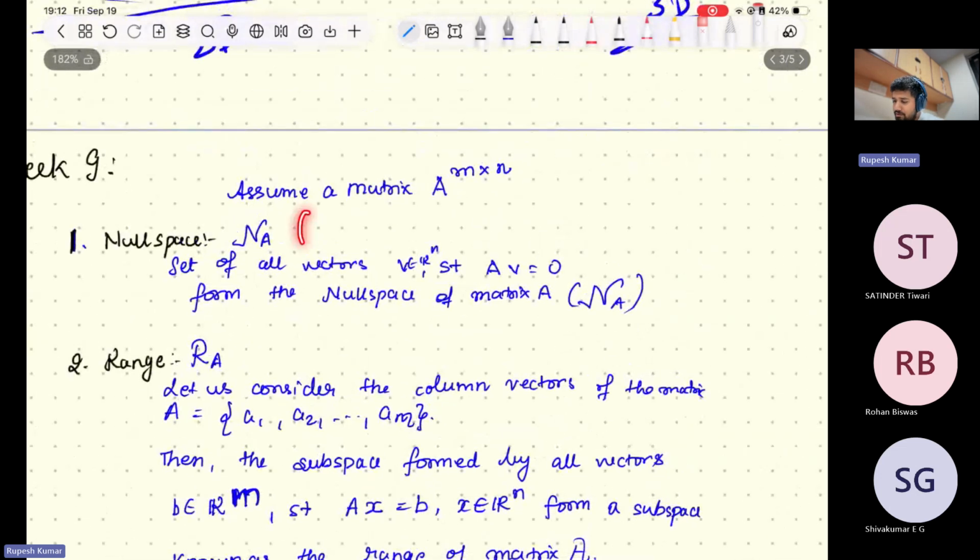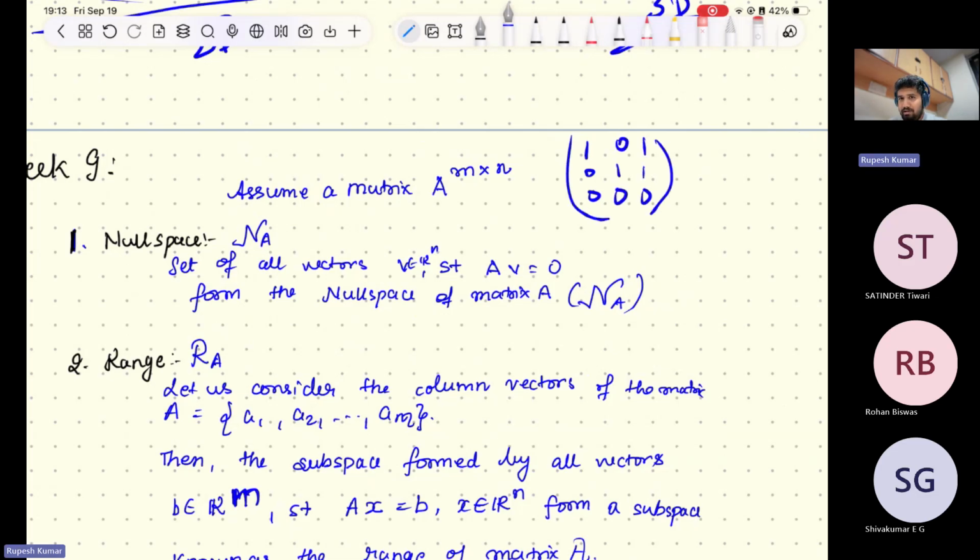Null space: everyone, are you familiar with null space now? Now we are talking about general rectangular matrices. Let's say a matrix that looks like this, 0, 1, 1, 0. This is not a rectangular matrix, it's a square matrix, but again, you can see a null space in this matrix. What is the null space of this matrix?